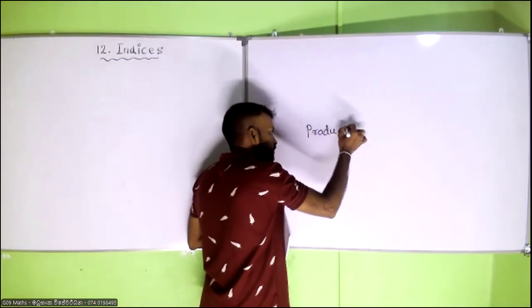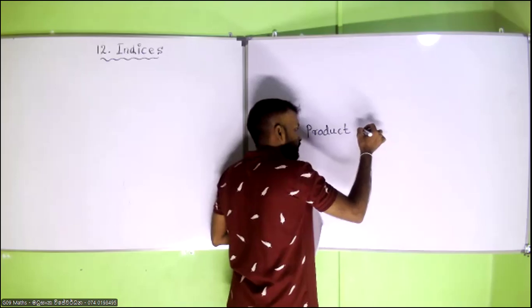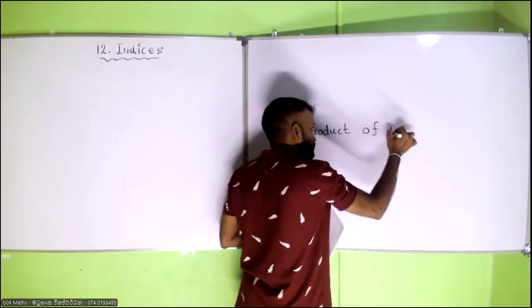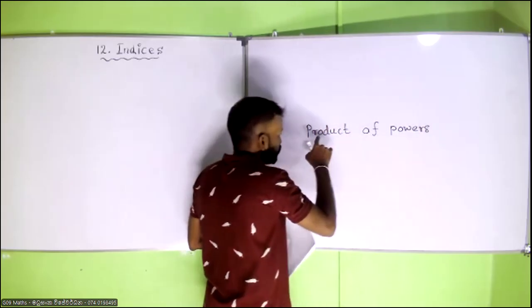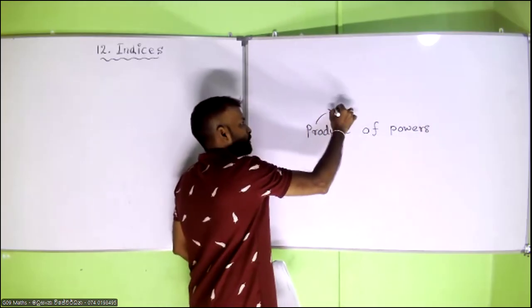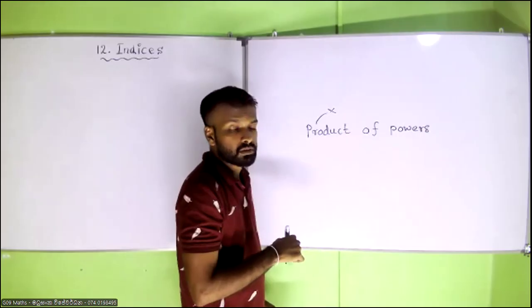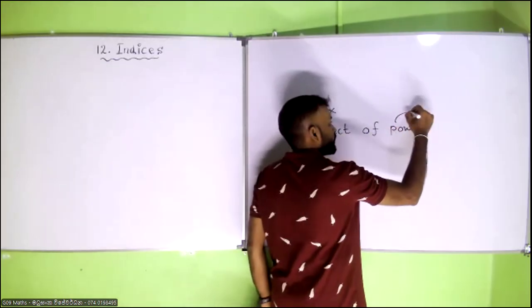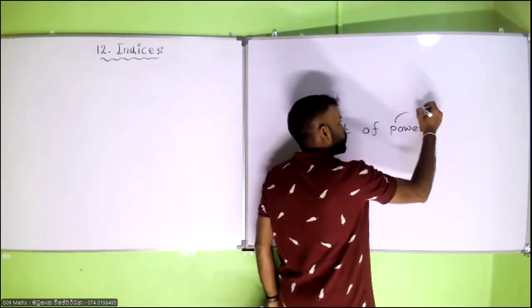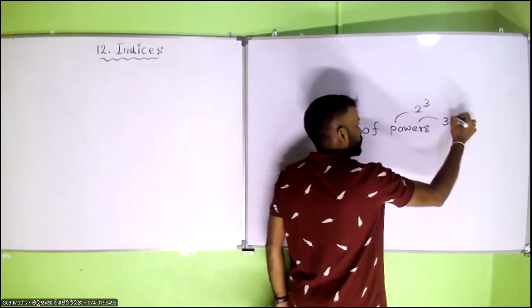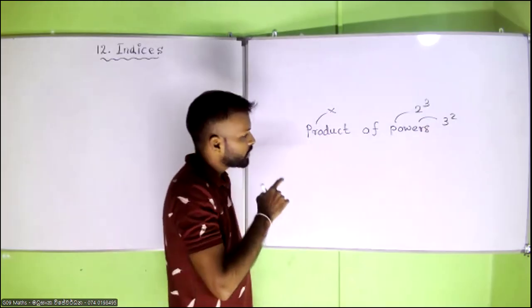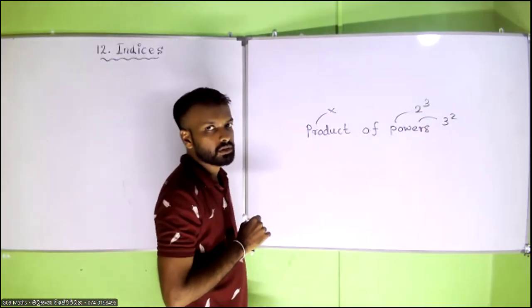Once I give you, I will tell you to write. Product means multiplication of powers. What are powers? For example, 2 to the power 3, and 3 to the power 2. So this is a product of powers.